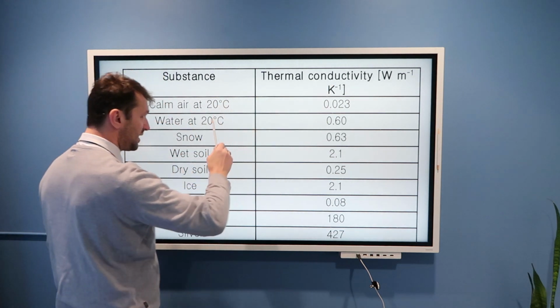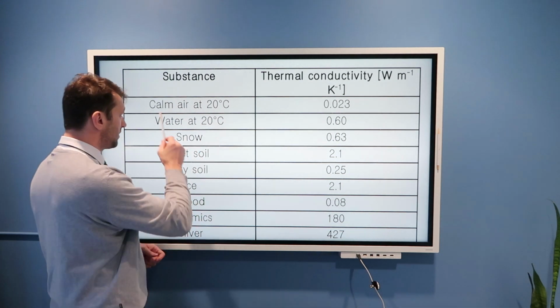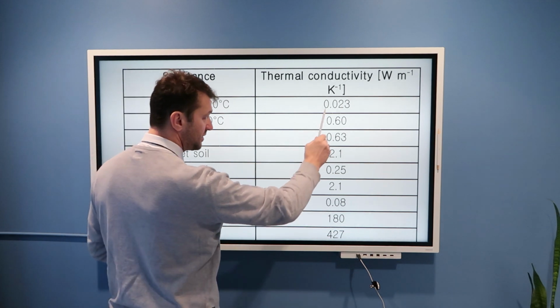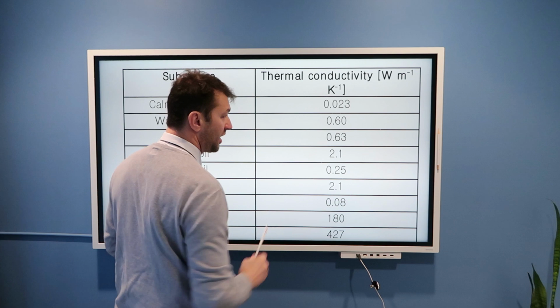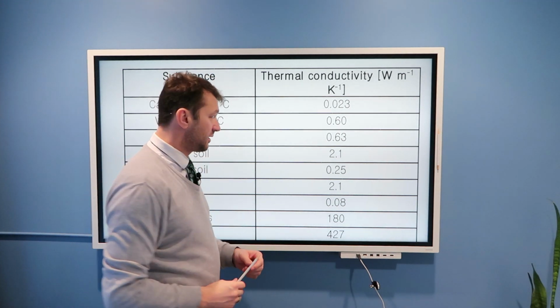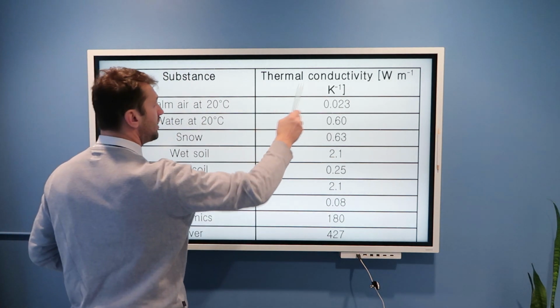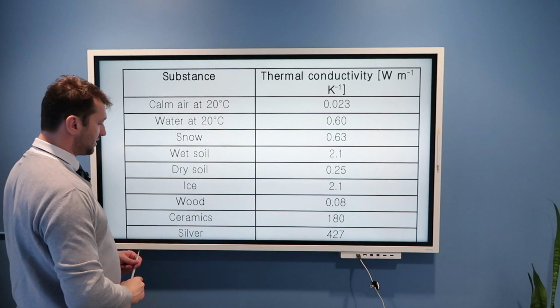This coefficient tends to depend a little bit on temperature, so I had to specify the temperature here. Calm air at 20 degrees is 0.023 watts per meter per Kelvin, and we know from a previous video that watt is a unit of power, joule per second. And you can see how thermal conductivity of air is very, very poor compared to some other substances.